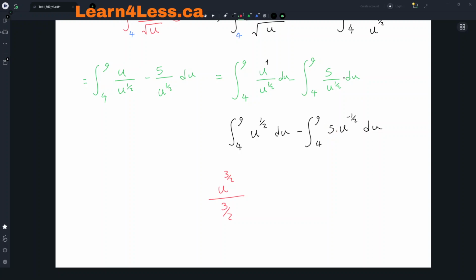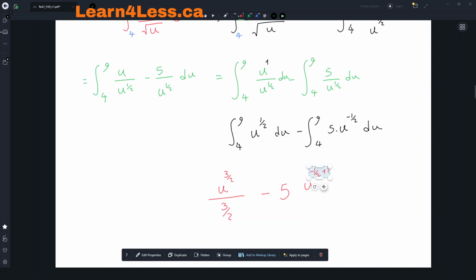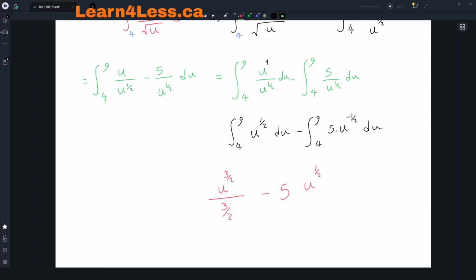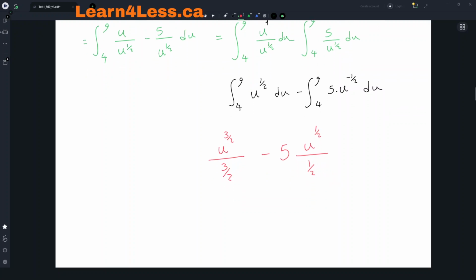There's a 5 which is a constant, so I just put minus 5, a constant which is multiplied, it stays there, and u to the power of negative half would be u to the power of negative half plus 1, basically positive half, over this new power half. And again, I took the integral, I will plug in the bounds here, which are 4 and 9.